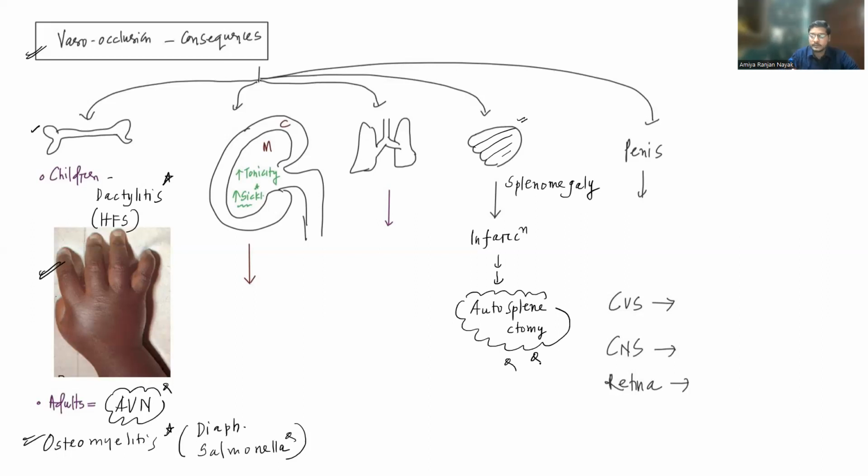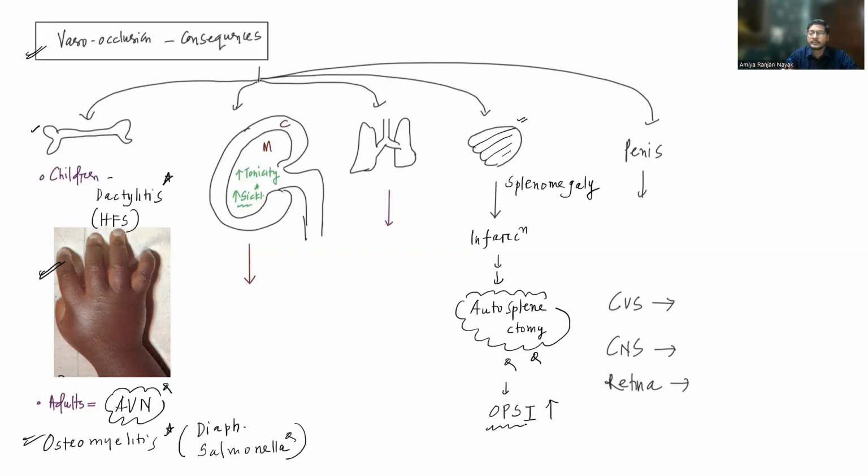Once the spleen is not functioning, there is increased risk of opportunistic severe infection. OPSI is known as overwhelming post-splenectomy infection. There is increased risk of infection, especially with capsulated organisms like pneumococcus and Haemophilus influenzae.